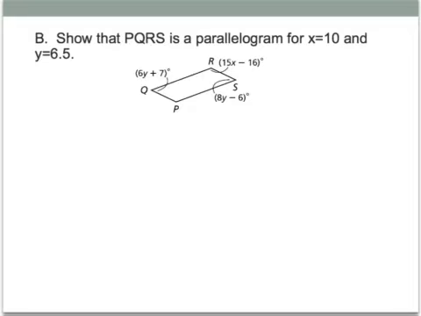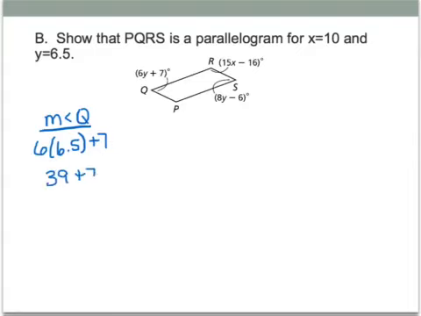Alright, so let's check first of all that S and Q are congruent. And we're going to do that by plugging in 6.5 for Y. So we're going to find the measure of angle Q first. So I do 6 times 6.5 plus 7. Well, 6.5 times 6, let's say that would be 36, 39, plus 7.